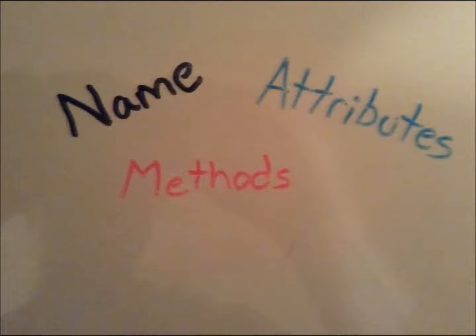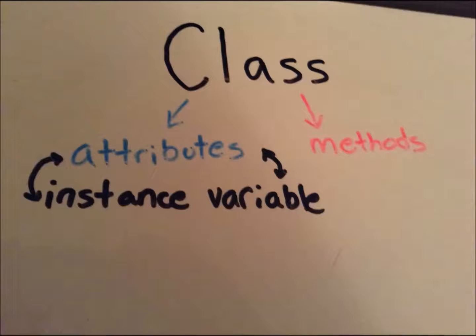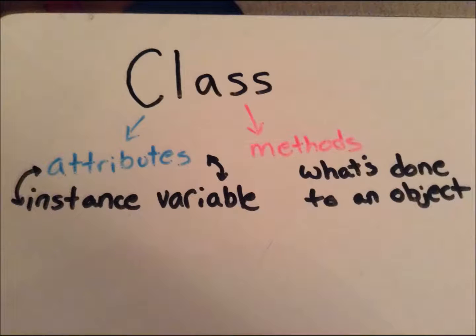Now let's dive a little bit deeper into what a class diagram actually is. As you already know, a class consists of attributes and methods. An attribute, or an instance variable, represents a property of the object. A method is an operation that can be performed on an object. It's useful to picture the attributes and methods.